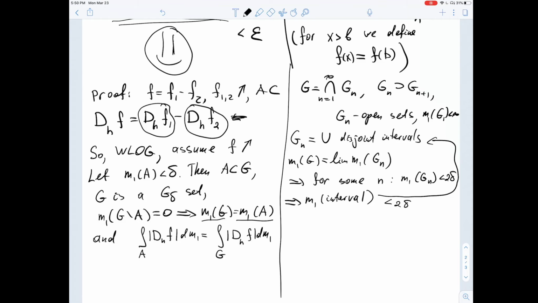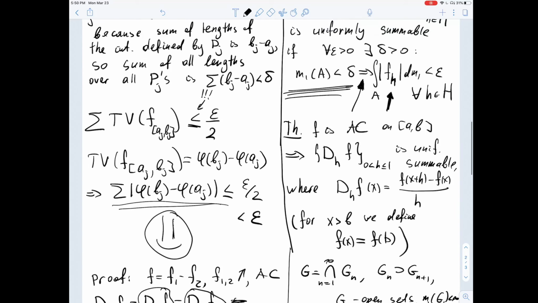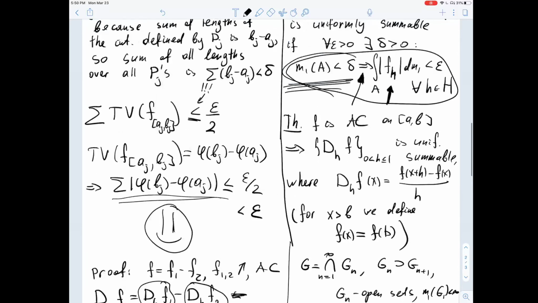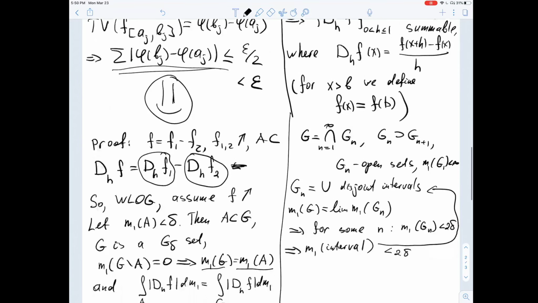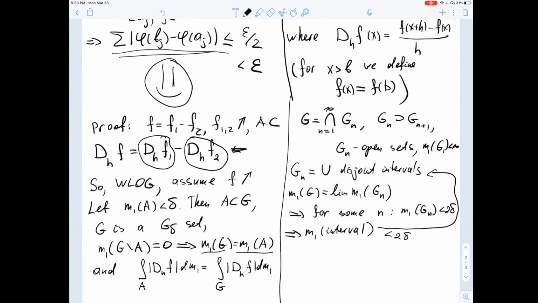My point is that if we prove this for any interval with measure less than delta, then by countable additivity of the measure and of the integral, we'll have the same thing for Gn.